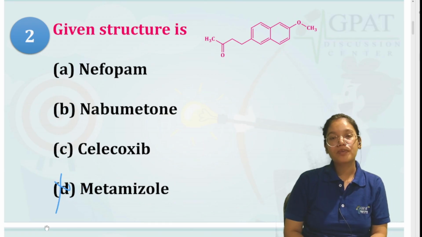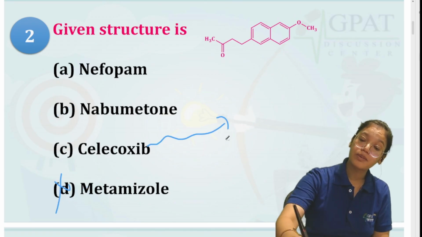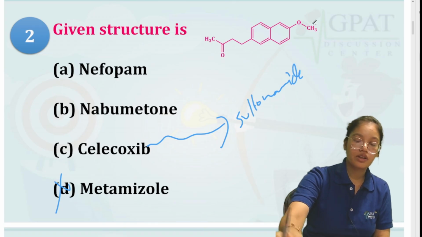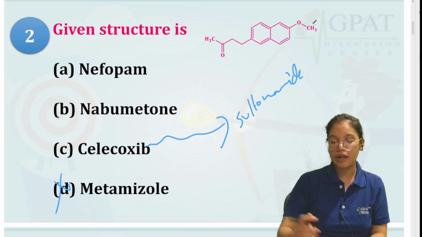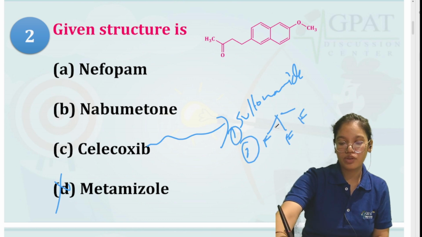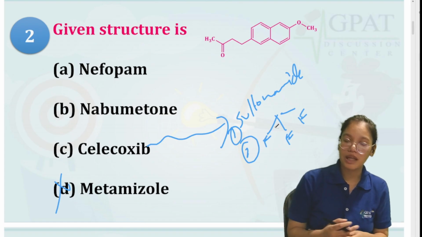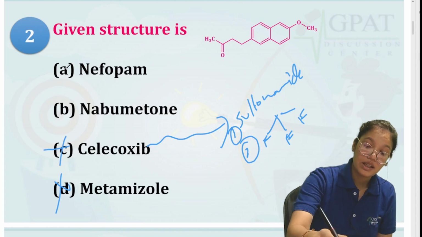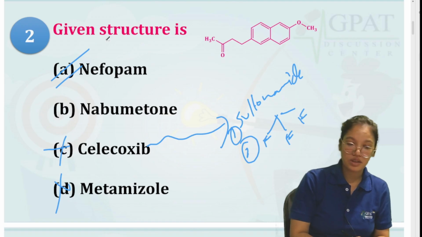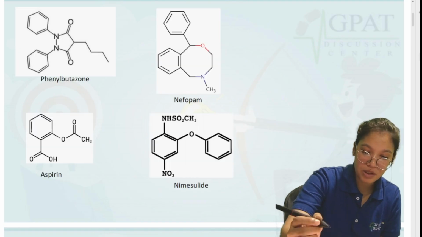Then we have celecoxib. Celecoxib is a sulfonamide. The structure that is given is not a sulfonamide, first. Secondly, celecoxib contains a trifluoro group in its structure, and we don't have that either. So celecoxib can be removed from the list. Then A says nefopam. I just told you the nefopam structure, but let me show you also.